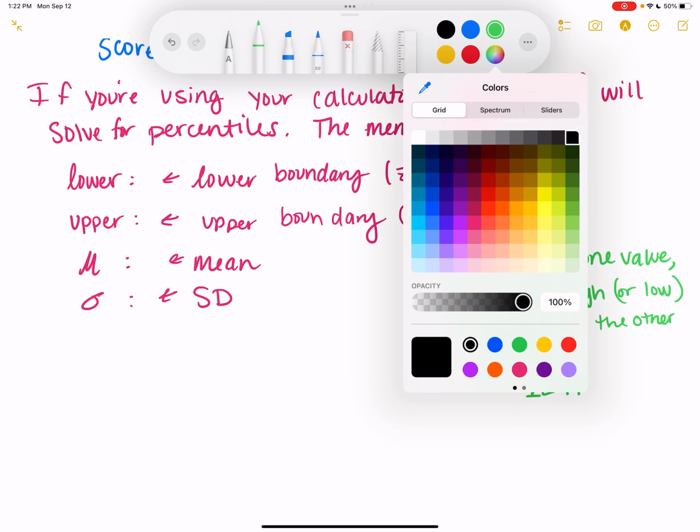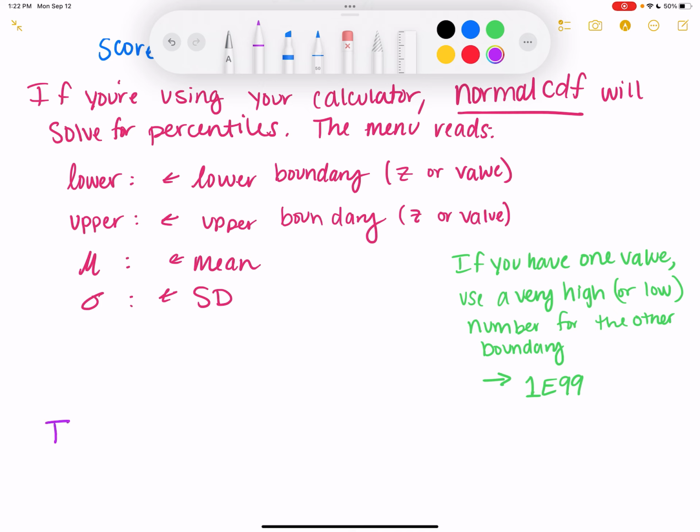So then the other one, I'll do this one in purple, is INV norm. INV norm is the other one. And this will give cut values. Or z-scores.